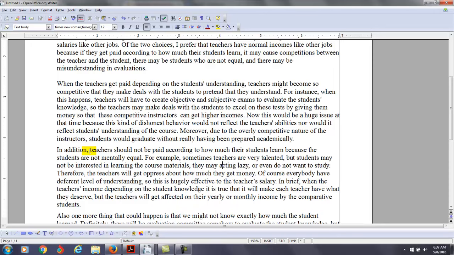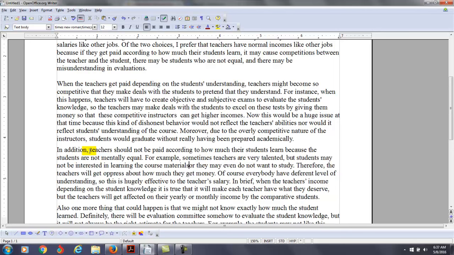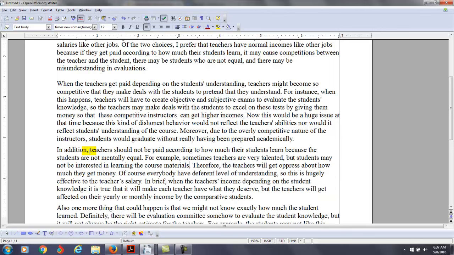They may act lazy, or they may even not want to study at all. No, you've said the same thing in all of these things. You don't even need to say any of that, really. You're just repeating what you're already saying. It's redundant. You say, but students may not be interested in learning the course materials.